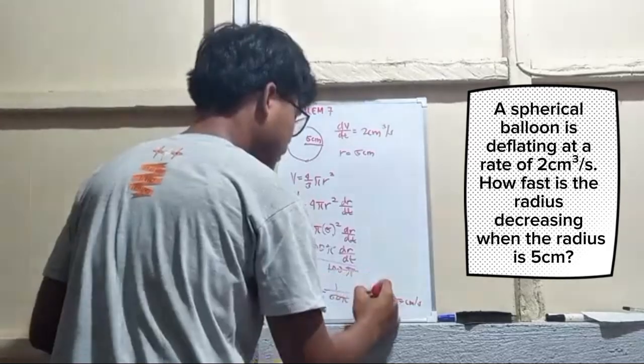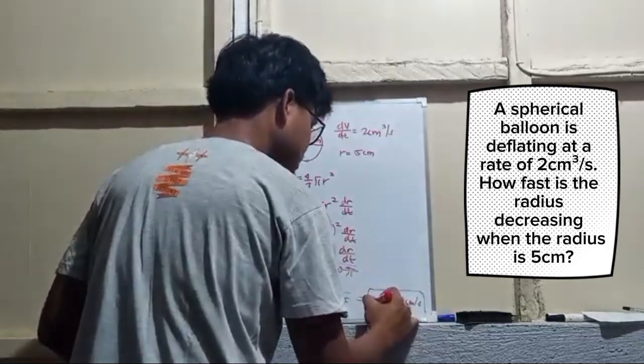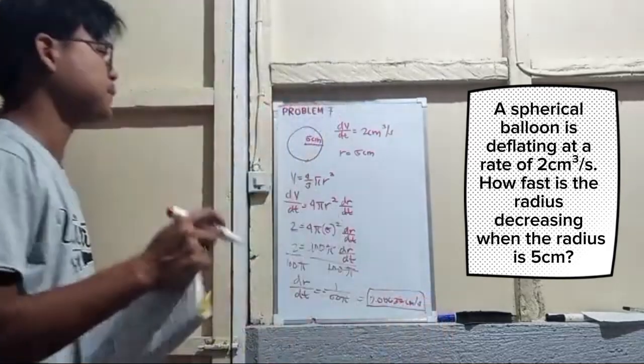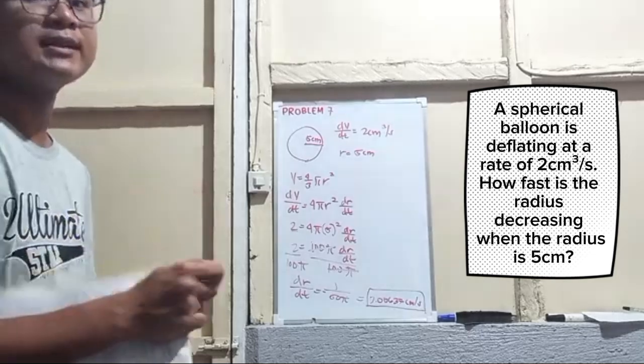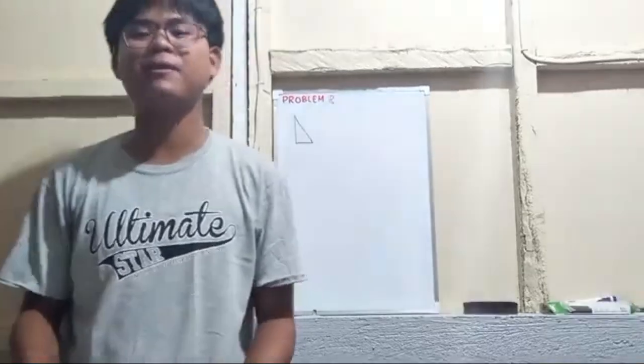So here is our final answer. This is the rate of the radius that is being asked. So we'll proceed to problem 8.